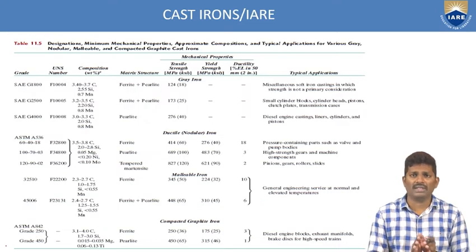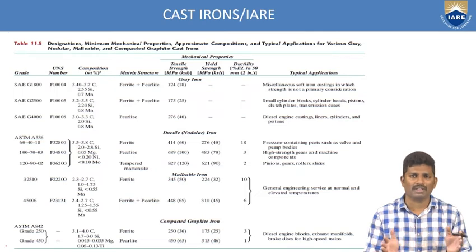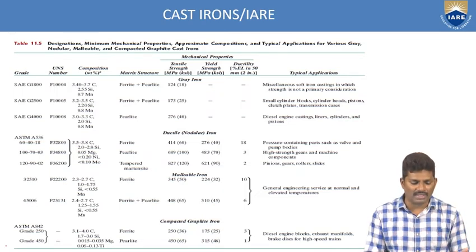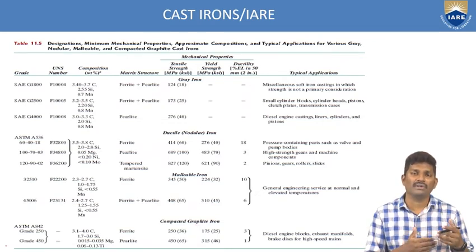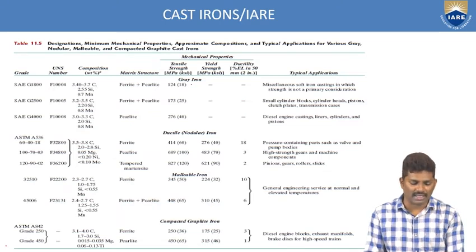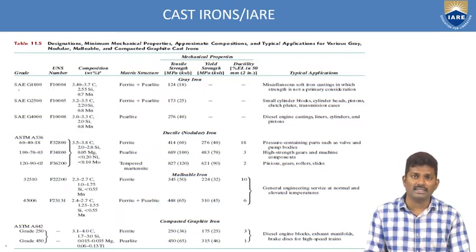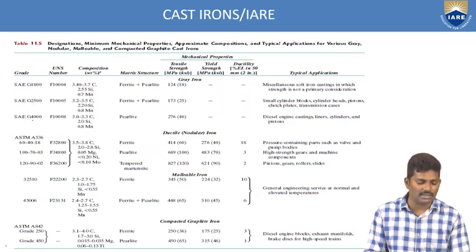Now if you see the complete properties of each individual material, what is happening here? You have gray iron, ductile iron, malleable iron and graphite iron. Again, in these you have different sections or different grades. So coming to the gray cast iron, you have SAE G1800, SAE G2500, SAE G4000.